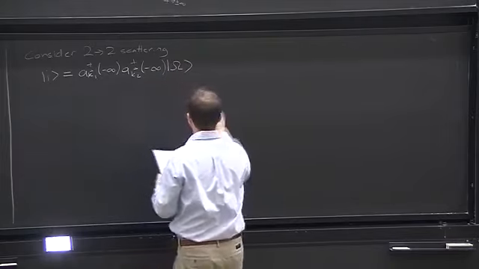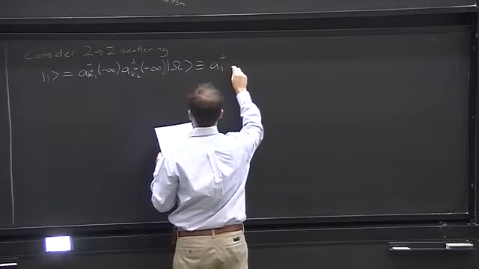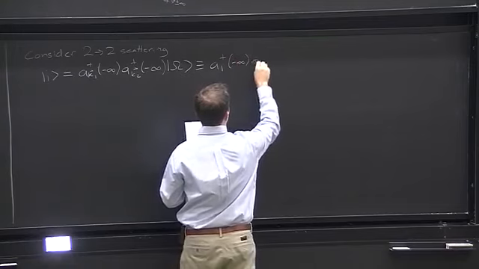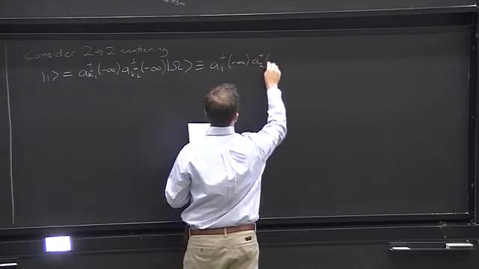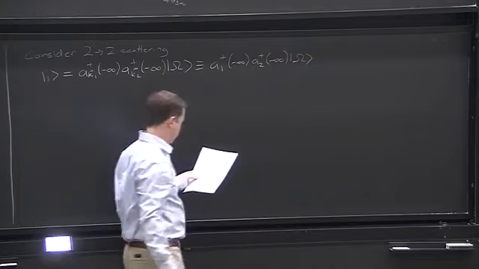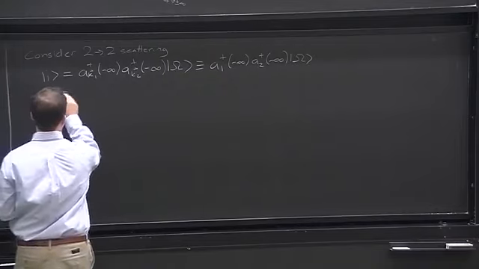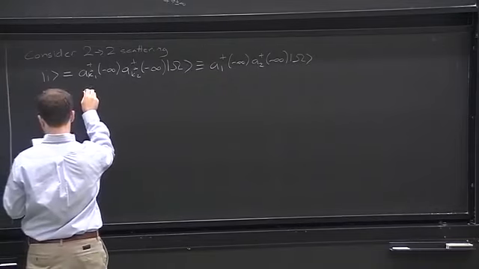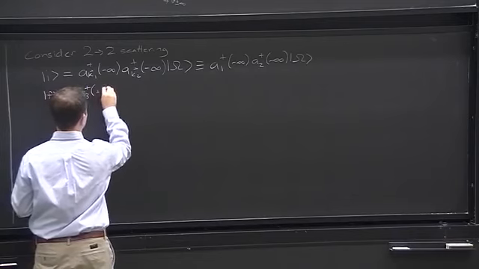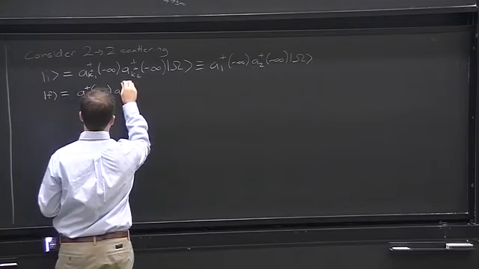And to save some writing, I'm just going to write this as a sub 1 instead of k1 and a sub 2 instead of k2. And similarly, our final state is just we have two particles in the far future with momenta k3 and k4.